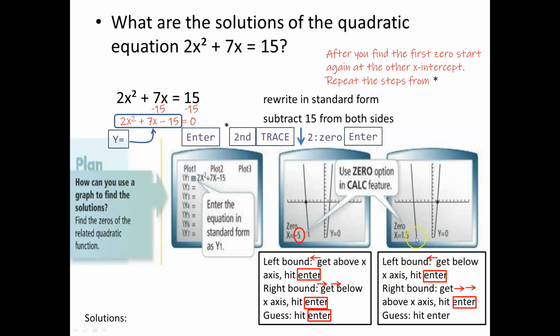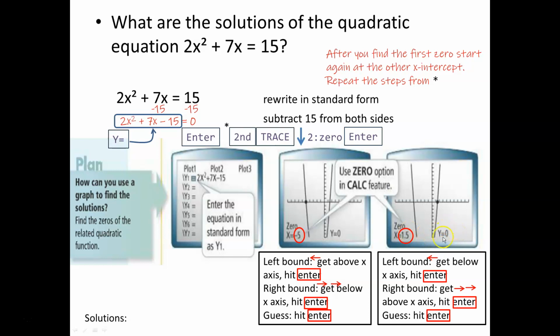And then it'll say guess with a question mark. And if you'd like to guess, you can guess. I don't guess because I don't need to. I can just hit enter. I'm lazy like that. And then this is what your calculator should look like. Your x is 1.5 and your y is 0 because we're looking for what x makes the y 0.